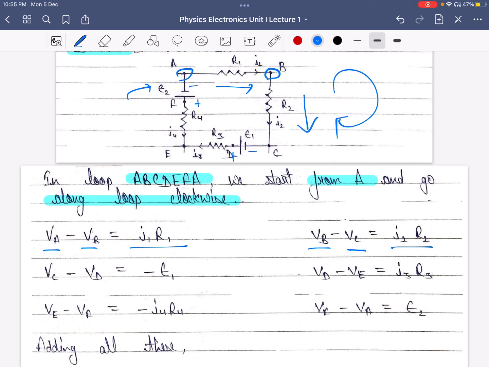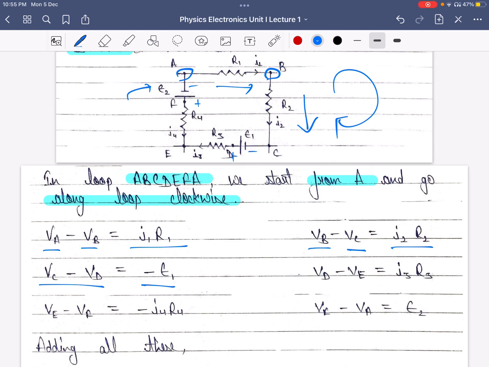As for the branch CD, Vc minus Vd will be equal to negative of E1 because we are traveling from lower potential, negative, to higher potential, positive.